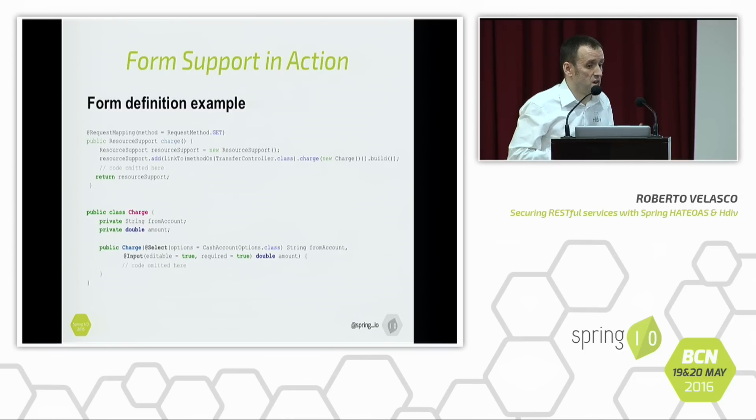Because maybe this user can only update some of the fields of the form, okay? Or maybe the values that they can use are different from another user, okay? So if the form definition is the same, it's good enough. But if the form definition is dynamic, we need to define it in a different way. Okay, so basically we are defining the form composition and sending this definition to the client in JSON format.